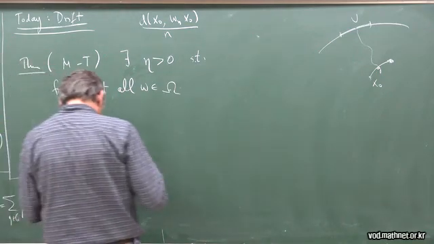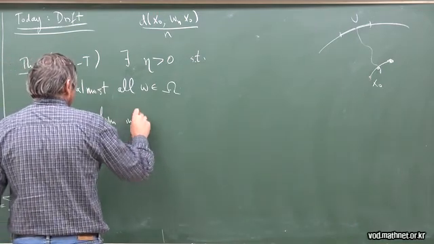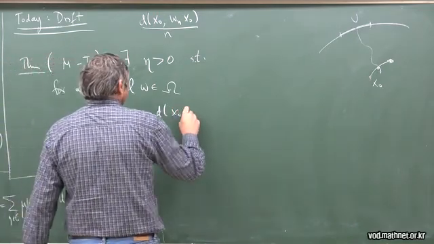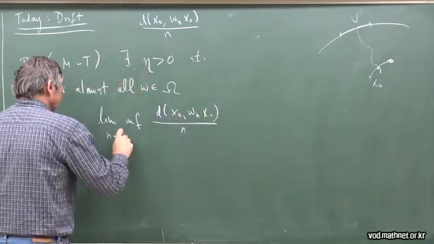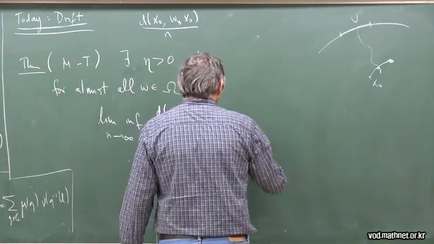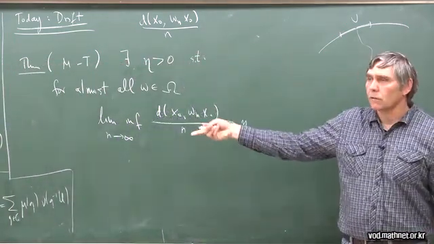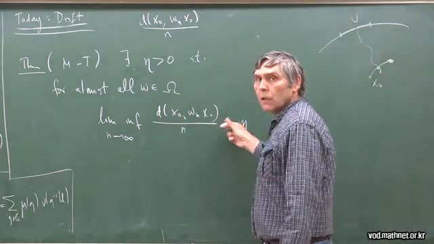So for almost all omega, the lim inf of this divided by n, as n goes to infinity, is at least this number eta. It's the same eta for all paths. It's not just that it's positive on all paths, but in fact it's uniformly away from 0.